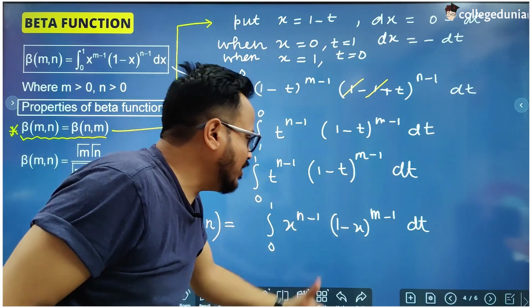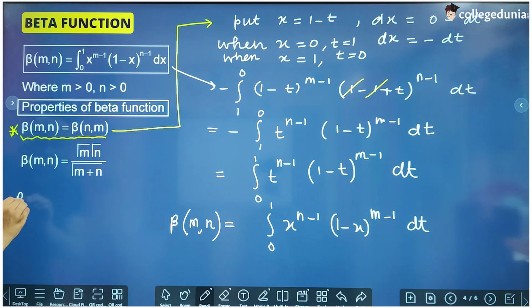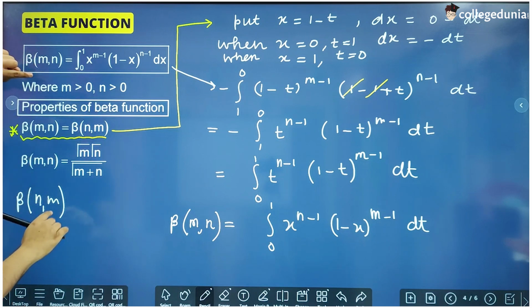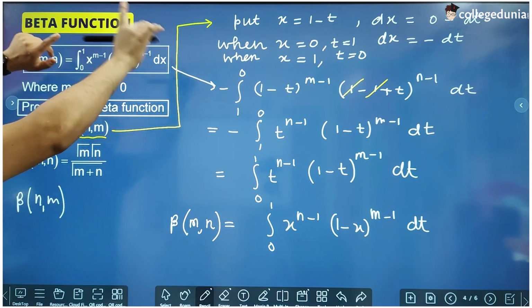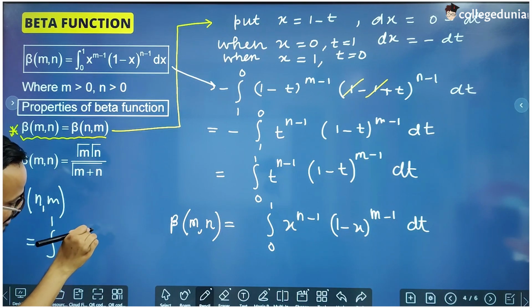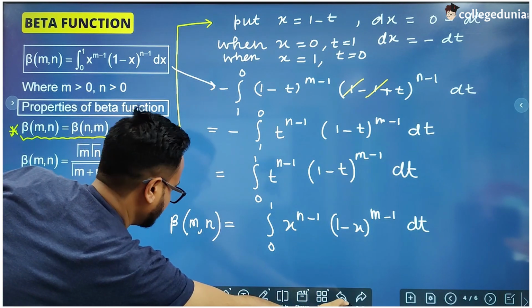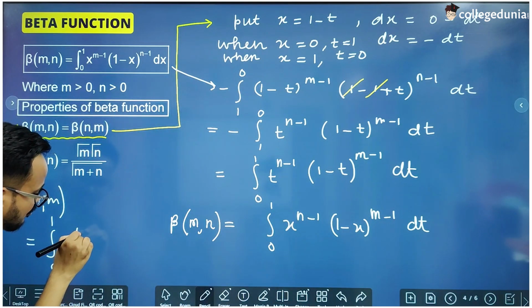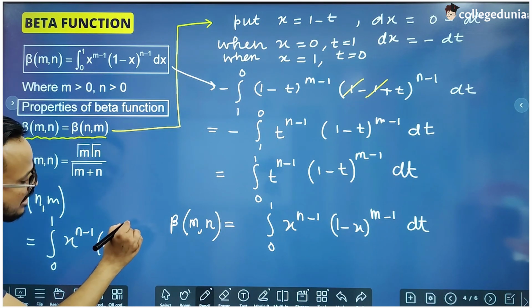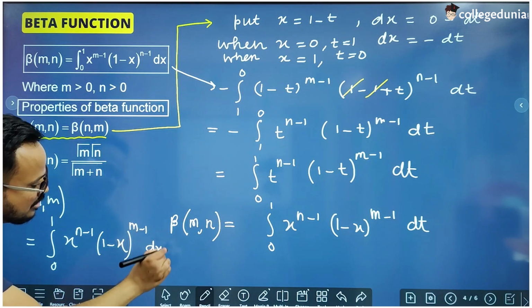And what is the value of beta n comma m? In this integral we have to put m as n and n as m, because first the value was m and second was n, and now the first value is n and second is m. So this is the integral from 0 to 1 of x to the power n minus 1 into 1 minus x to the power m minus 1 dx.